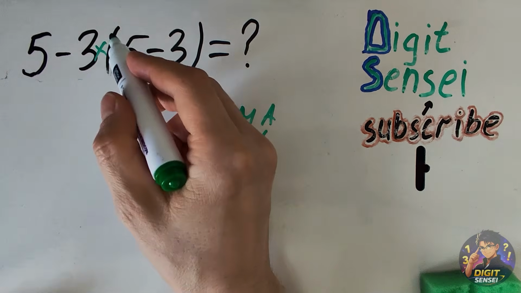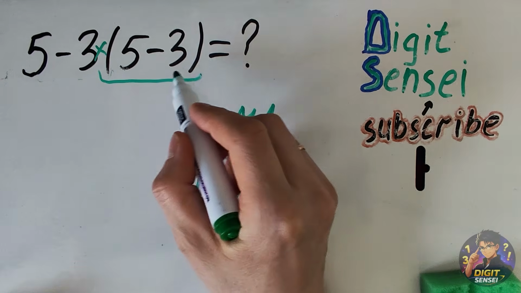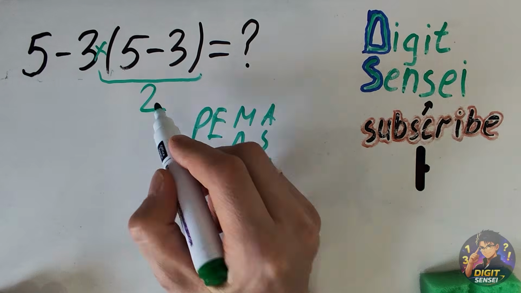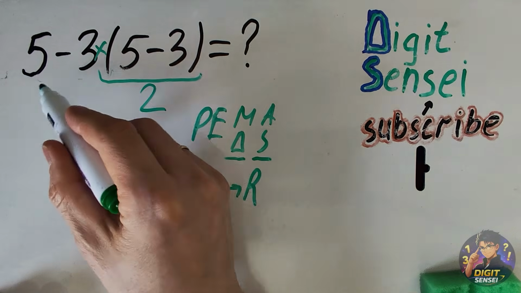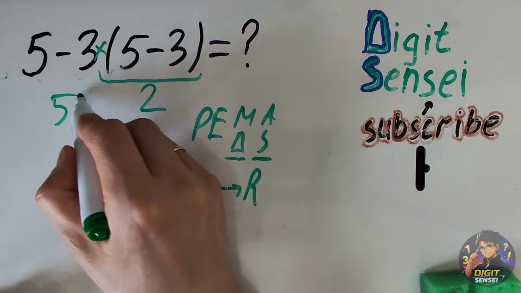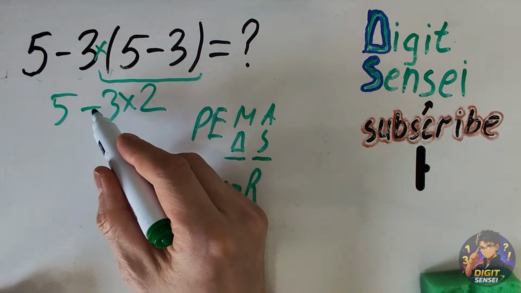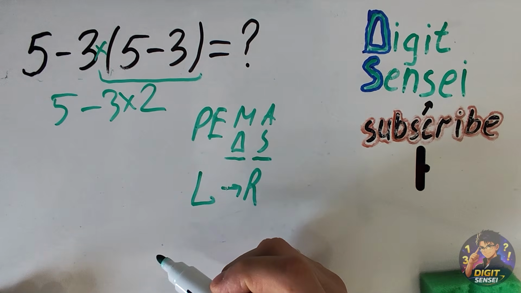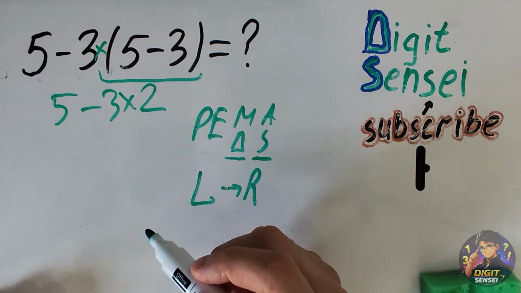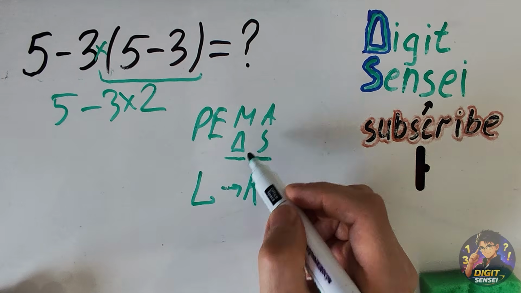So first we have to do this parentheses. Inside this parentheses we have 5 minus 3, which equals 2. So we have 5 minus 3 times 2. Now we have 1 subtraction and 1 multiplication. According to PEMDAS, multiplication has higher priority than subtraction, because multiplication comes before subtraction.